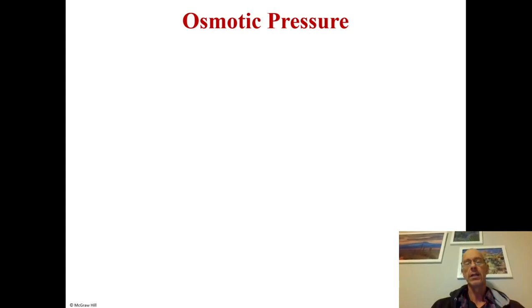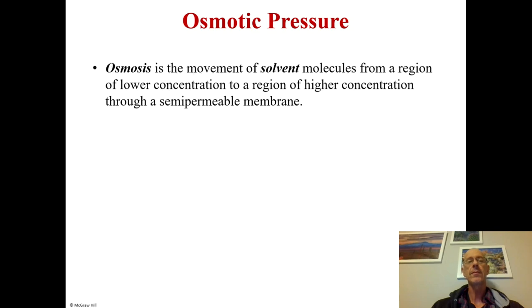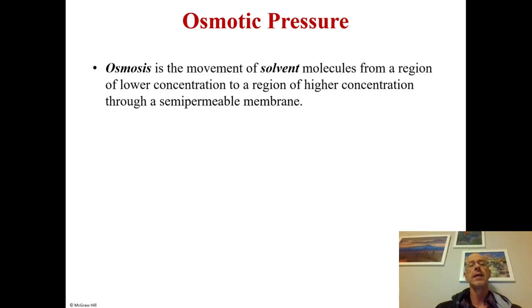Our next colligative property is osmotic pressure. Osmosis is when liquids, particularly a solvent molecule in one region, move through a membrane to a region of higher concentration. And typically there'll be a semi-permeable membrane which will allow the solvent to move, but not allow solute to move.